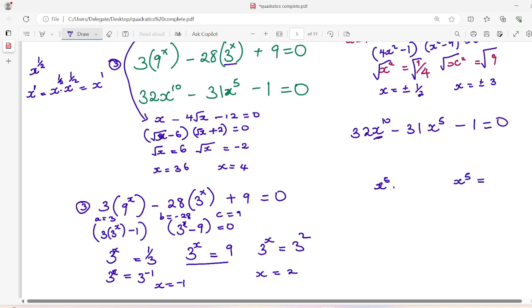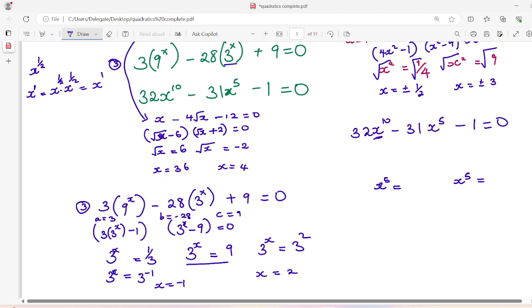So substitute in your calculator, make a to be 32, and make b to be negative 31, and c to be negative 1. So when you work out that, it will give you the answer.